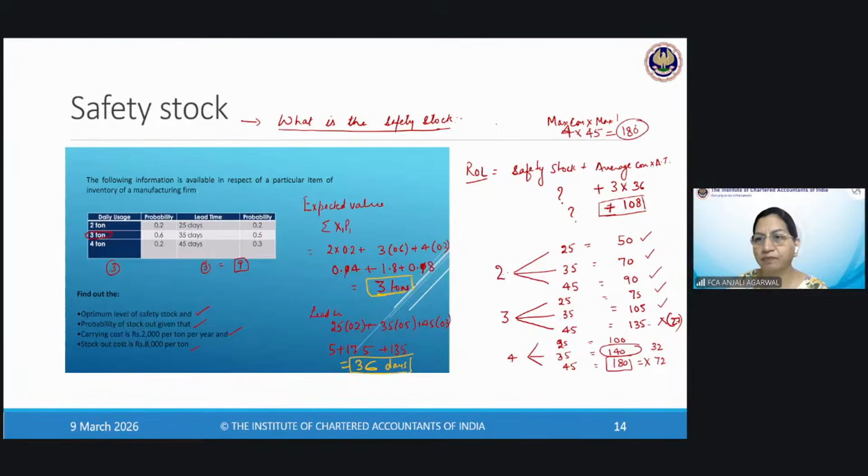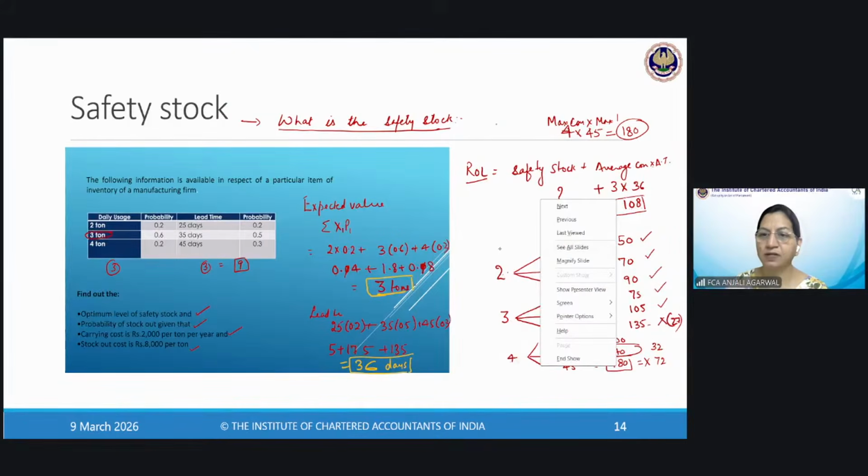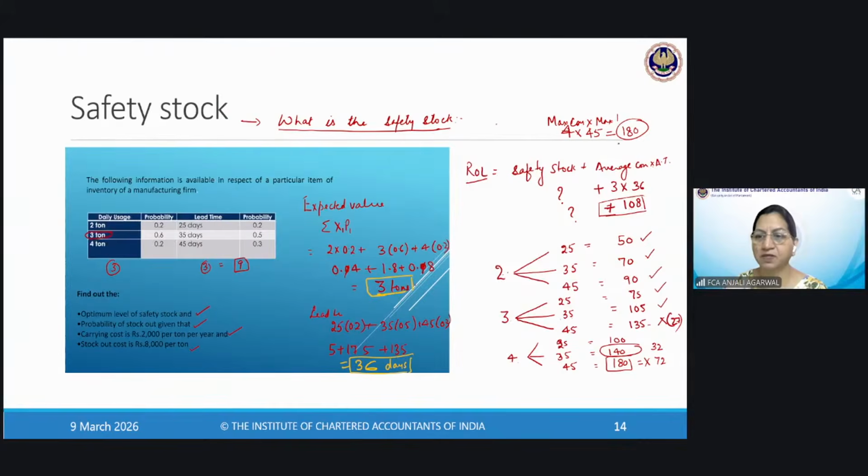This is the maximum consumption. So if you follow this formula, you are ordering at 180. There is absolutely no chance that you will be stocked out. In all other scenarios, your consumption is less than 180, so you are not going to be stocked out. Therefore, when you have maximum consumption into maximum time, there is absolutely no need to have additional safety stock.